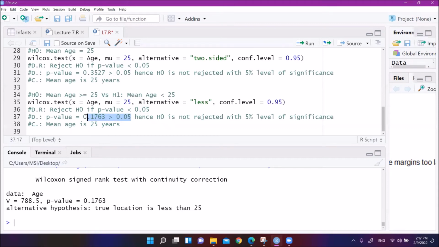So yeah, it is greater than this value. So it's not rejected at this level of significance. That means it's not correct.